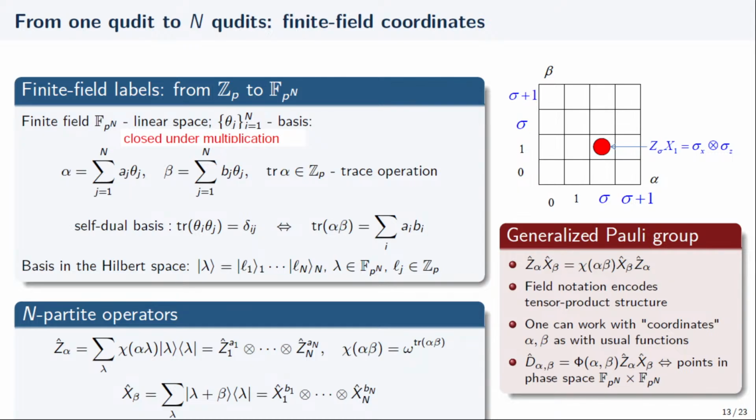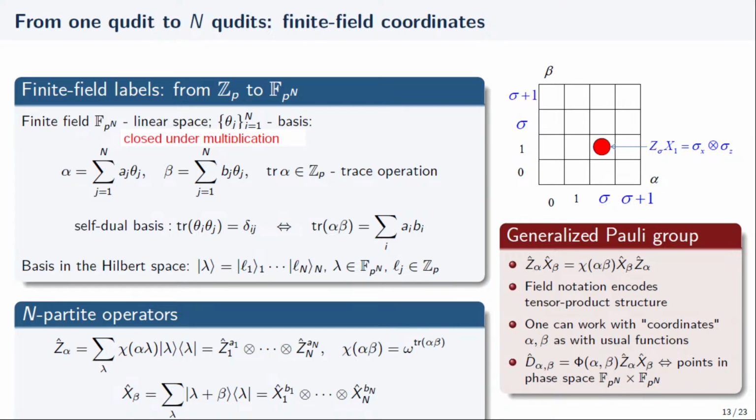So what we have here are the diagonal elements of the basis, diagonal projectors. The only difference is that these projectors are labeled by an element of the field. And here, instead of omega, we have the so-called additive character, it does not matter. This additive character is basically a power of the same omega, the dth root of unity.